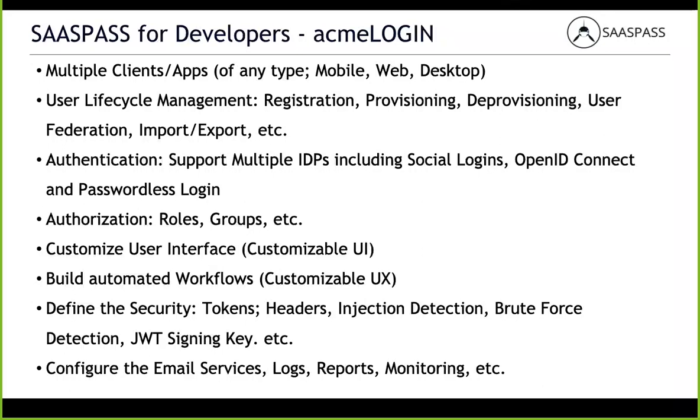JWT signing key. You can configure your email services and use your own email server, or you can rely on the ACME Login email server, but you can customize everything about email, including the email templates that ACME Login sends to your users or to your developers, with dynamic parameters.